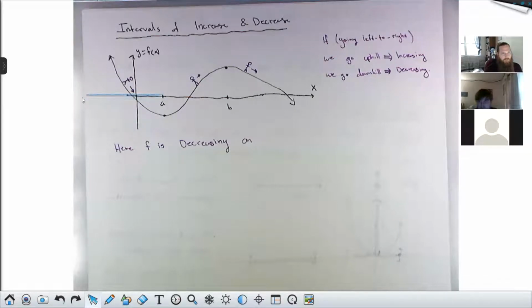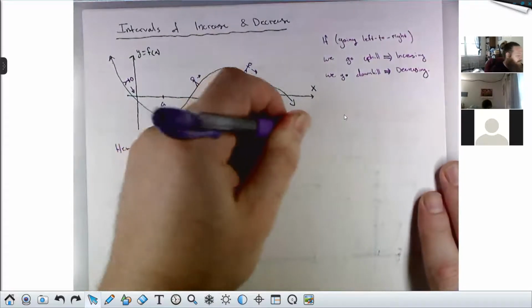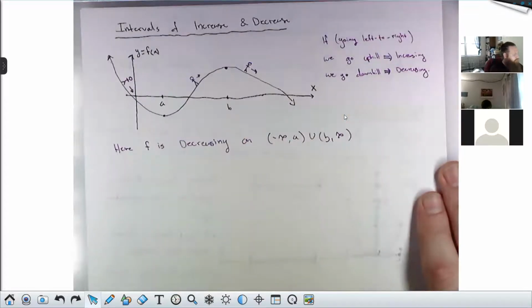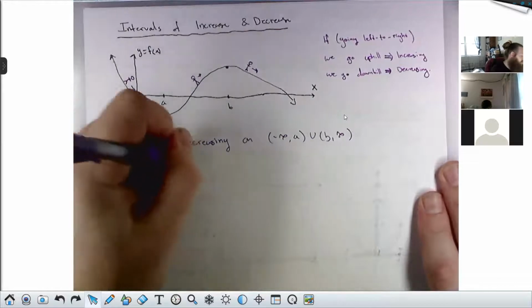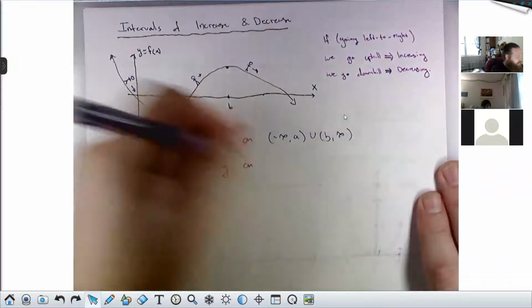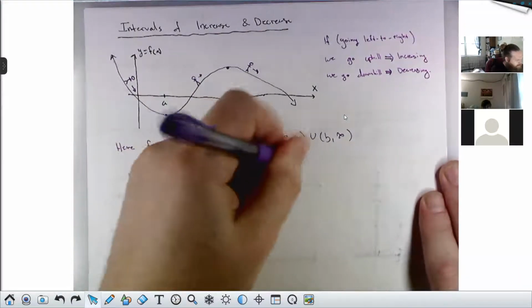So decreasing everywhere over here and everywhere over here. So that's from negative infinity up to A, union with B to infinity. And f is increasing on the open interval A to B.